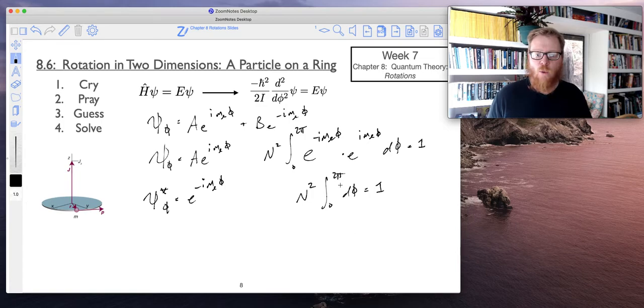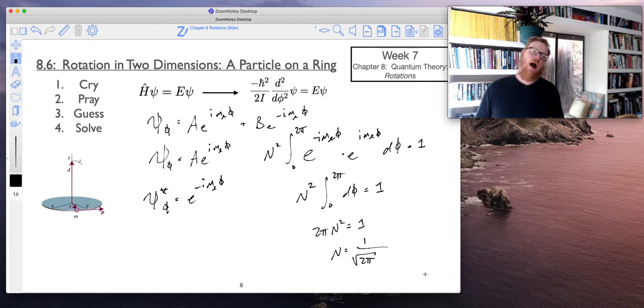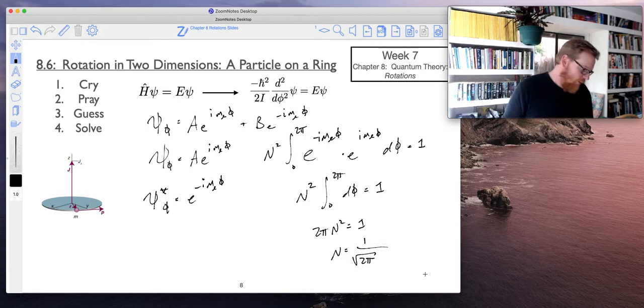The integral from 0 to 2 pi of d phi is just 2 pi, so now that's 2 pi times n squared equals 1. And so we can see finally n, the normalization constant, very simple, is just going to be 1 over the square root of 2 pi.